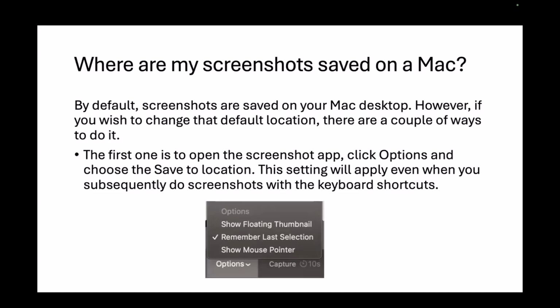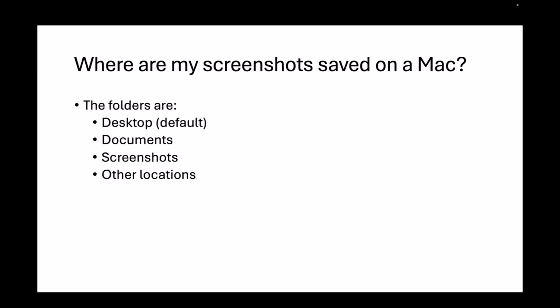This setting will apply even when you subsequently take screenshots with keyboard shortcuts. The folders that are available are the desktop, which I said was the default, documents, and then there are other locations that you can select from in the app.